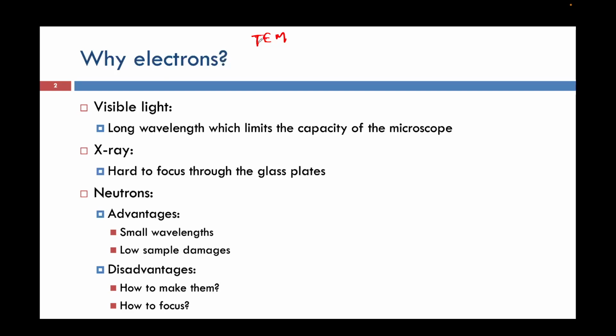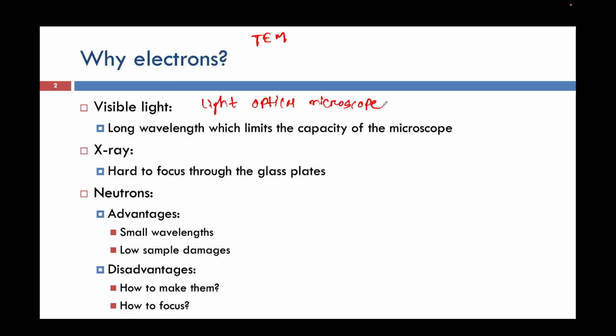As you can see, there are different types of radiation that we can use for imaging, for analysis, or to see different microstructural features. One of them is visible light, which we use in the light optical microscope.